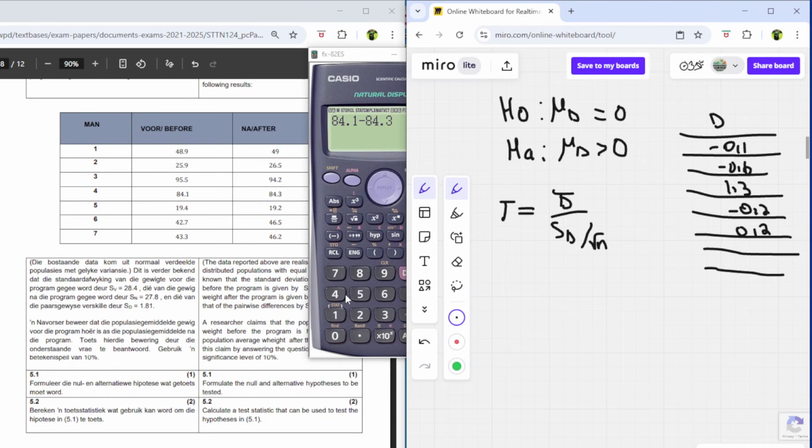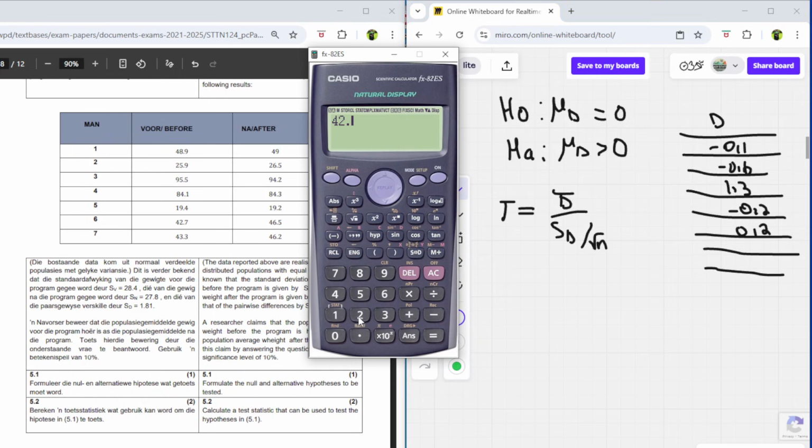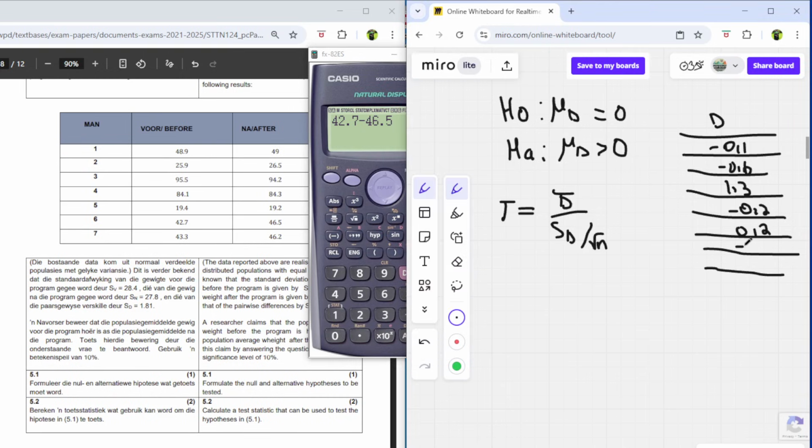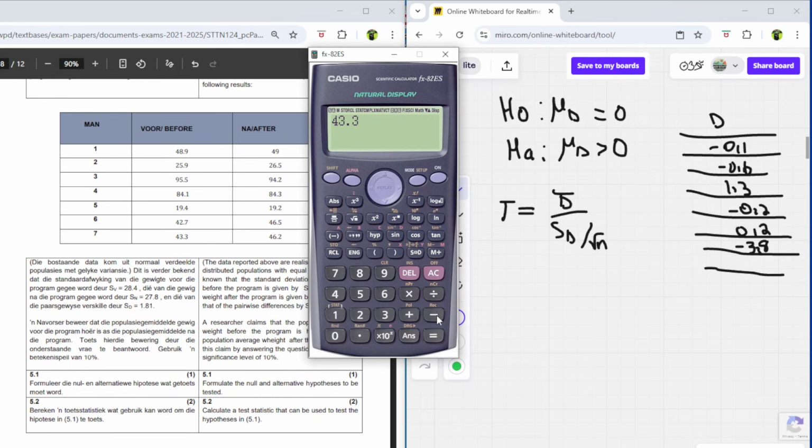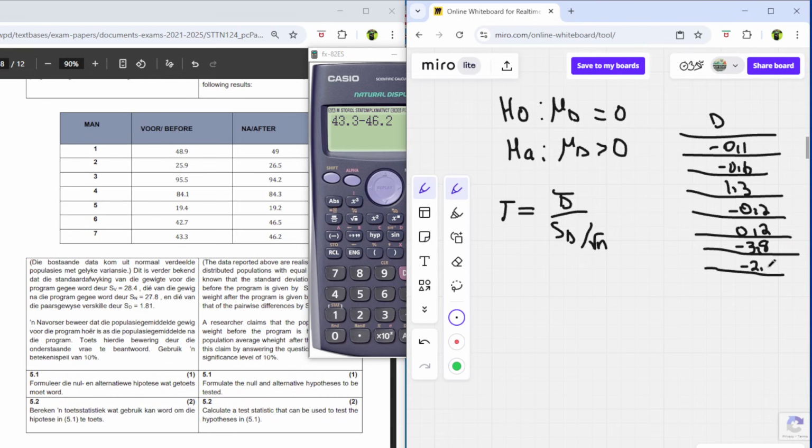Let me double check. 42.7 minus 46.5 is minus 3.8. And 43.3 minus 46.2 is minus 2.9.